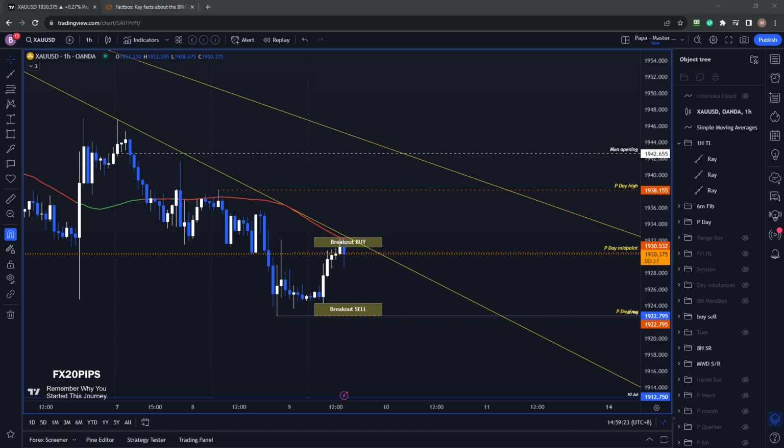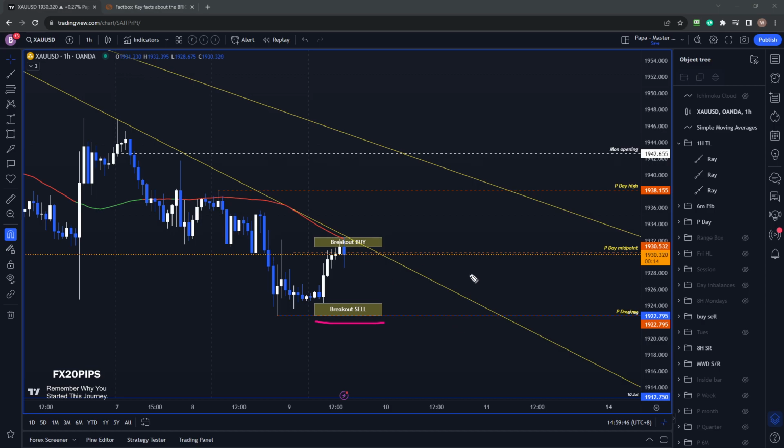Okay, so here, if you were to buy, then your stop loss could be either here or all the way here, because gold, look at this one. Gold moves a lot, so your stop loss has to be definitely below here, right?